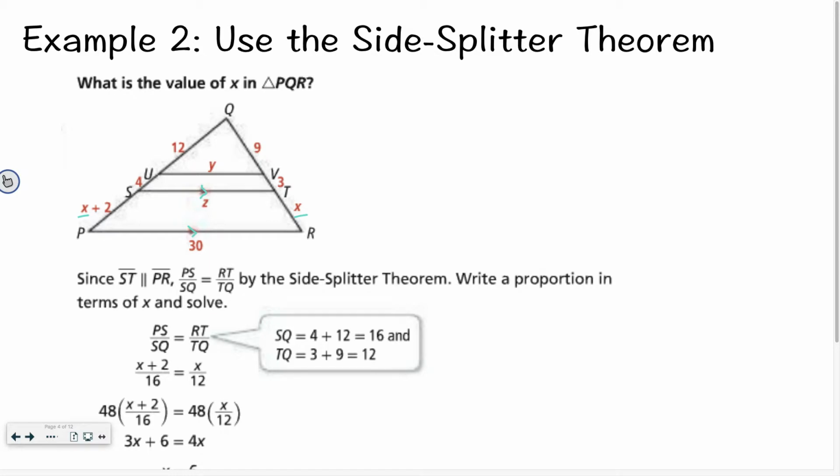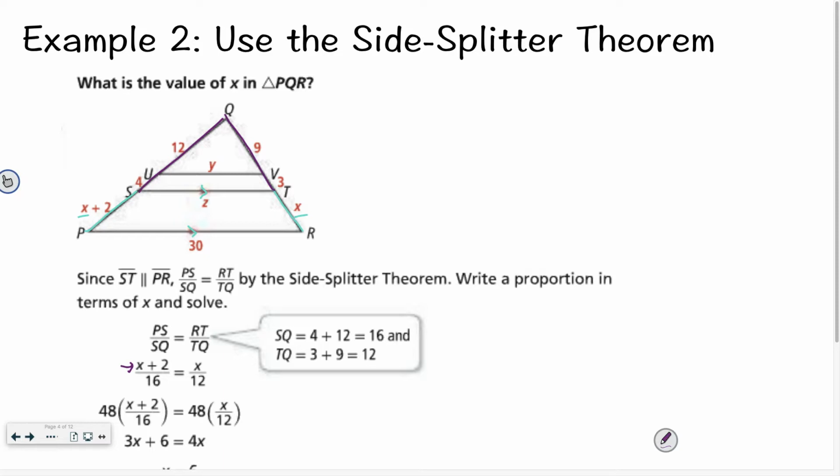So PS over SQ should equal RT over TQ. Then if I add everything together, PS I know is x plus 2.